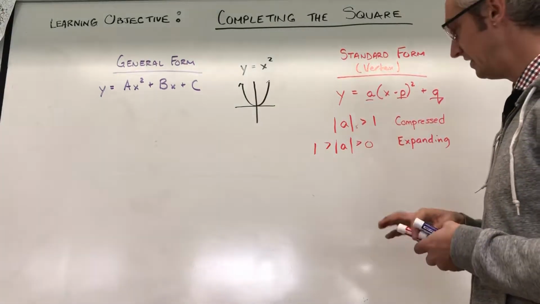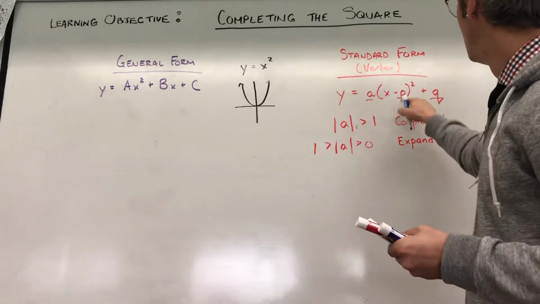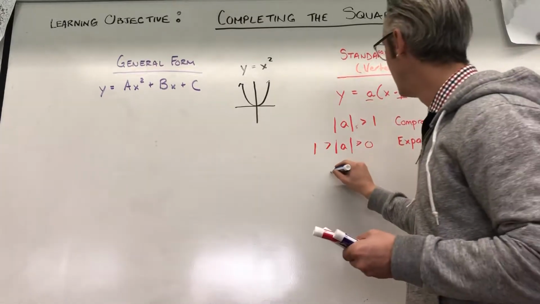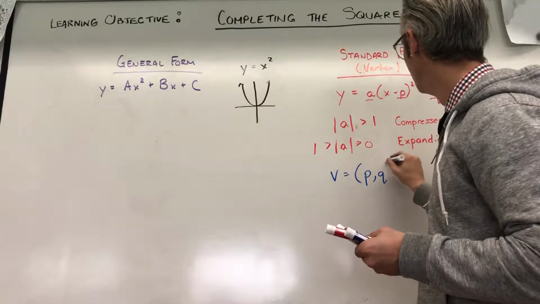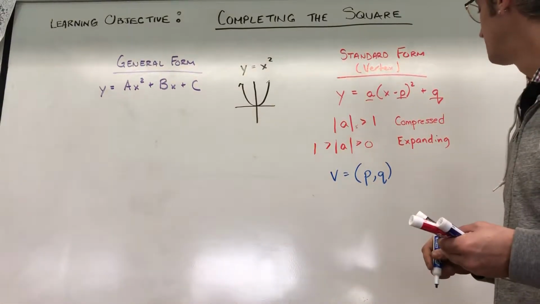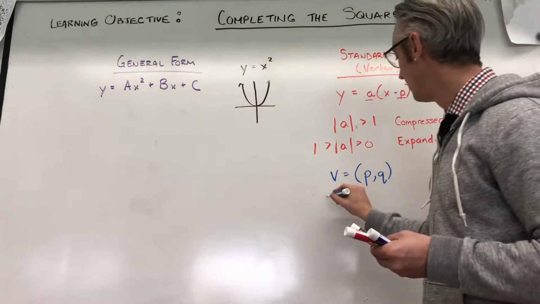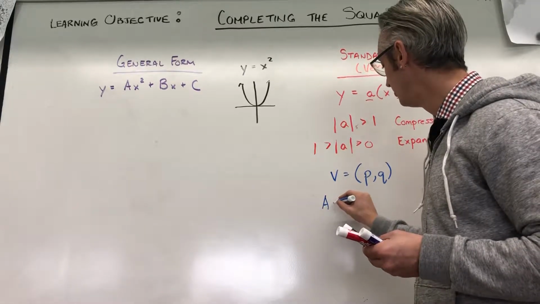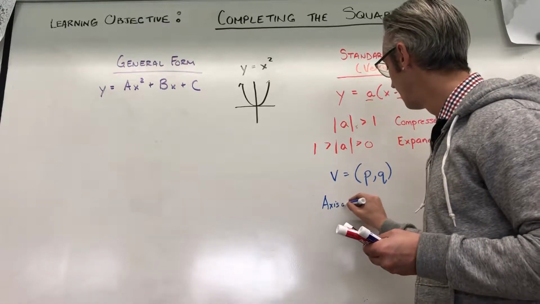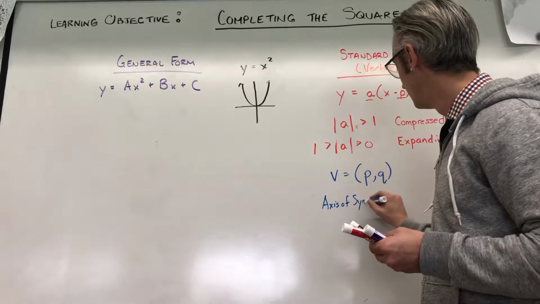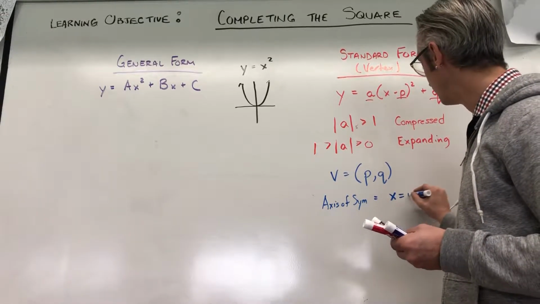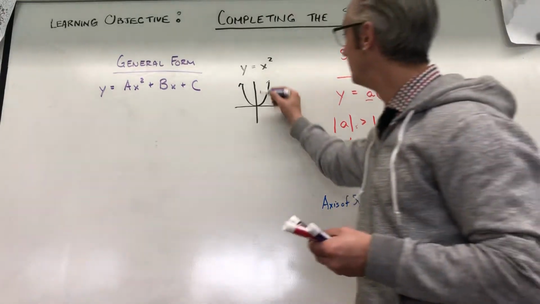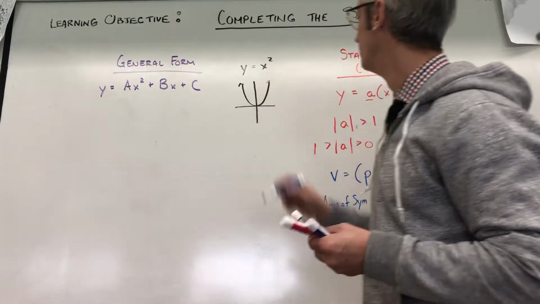The other thing we can see is we can find our vertex. Our vertex is going to be at (p, q). And that tells us that our axis of symmetry occurs at p, or when x is equal to p. So our axis of symmetry here would be x is equal to 0.